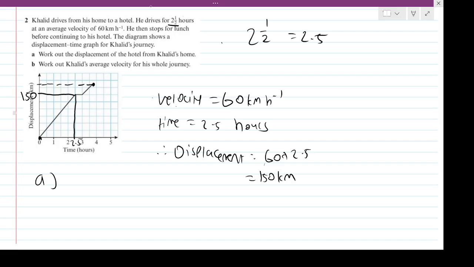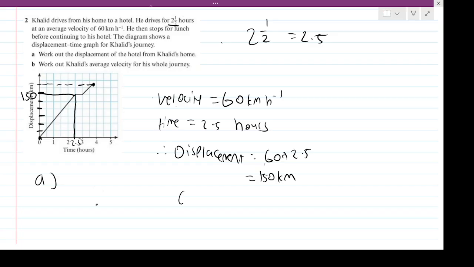150 there. So actually what we can do here then is, now that we worked out the displacement when the velocity, or in other words the gradient, is 60 and the time is 2.5 hours, the displacement is 150. Now the scale we can work out from this is how many boxes have we gone up to 150 here. 1 box, 2 box, 3 box, 4 box, 5 box, 6 boxes.